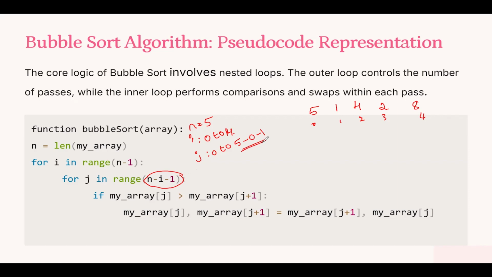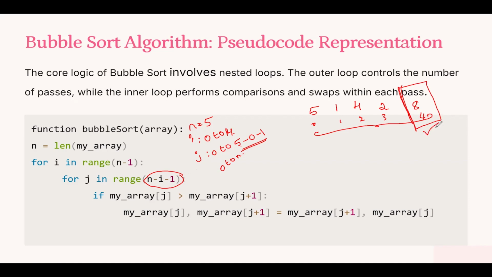Now why so? See here carefully. When i is equal to 0, this value is simply going to be 0 to n, which means I am going to compare all of them. This is for the first pass. Once we complete the first pass, we know that the last element will be in its correct position.